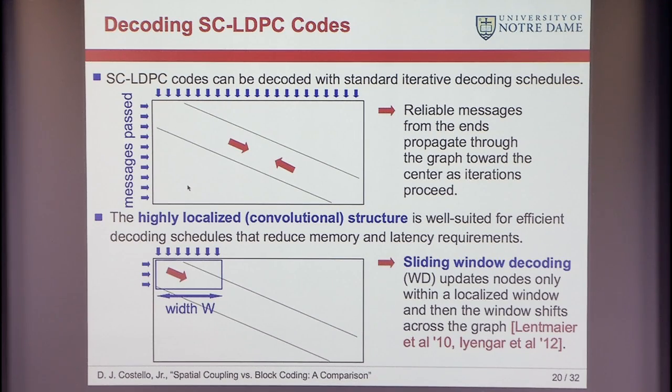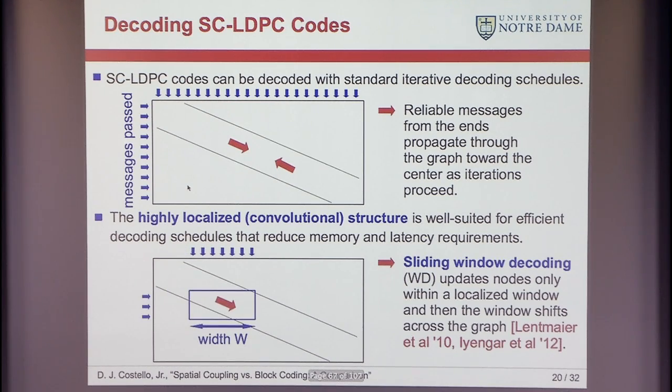So a sliding window, which Lentmaier actually used to do the density evolution analysis of these codes, and then Paul's student Arvind was actually the first to propose using a sliding window for decoding.